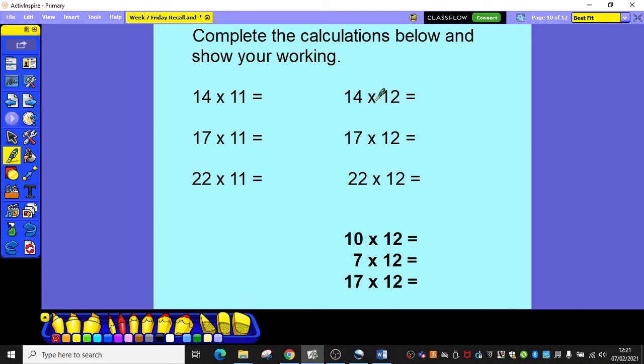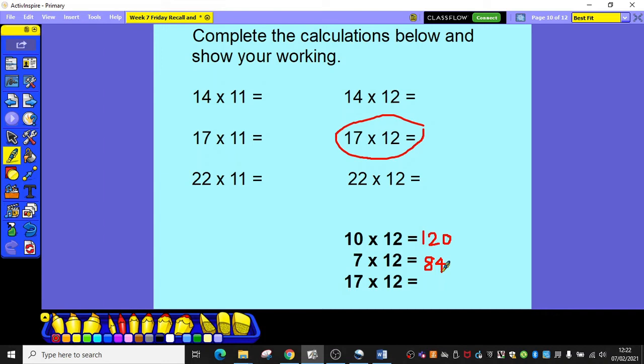What about if I start this time with multiplying by 12? So let's have a look at this question here. 17 times 12. Again, I could do 10 times 12, which is going to give me 120. Okay, 12 10 times bigger is 120. And 7 times 12 is 84. Sometimes it's good to do a quick mental check that we have got our table facts correct, particularly if we just seem to know them.